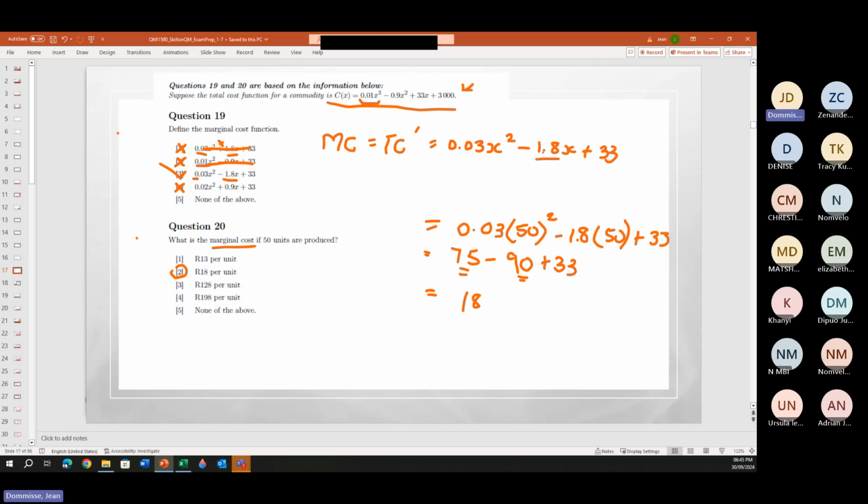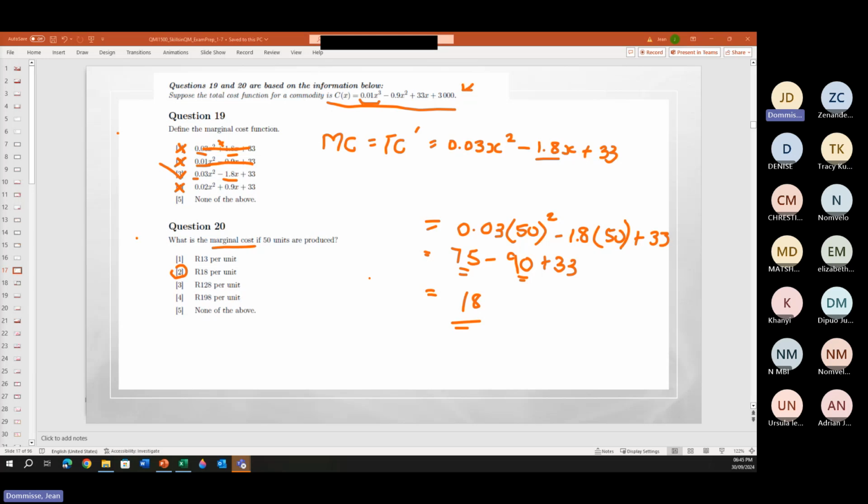But then the 1.8 times 50 gives me the 90. And so that is how I got to the 90. So then 75 minus 90 plus 53 gives you the 18. Okay, perfect. Cool.